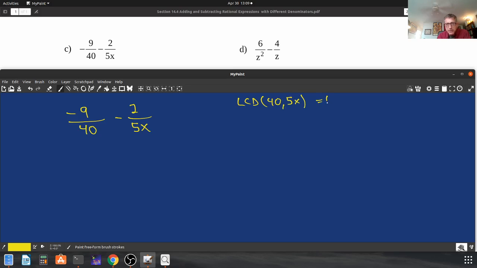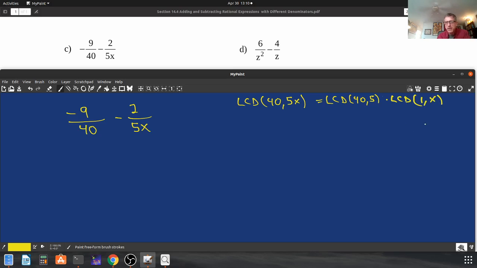Well, that's going to be equal to the LCD of 40 and 5 times the LCD of 1 and x.